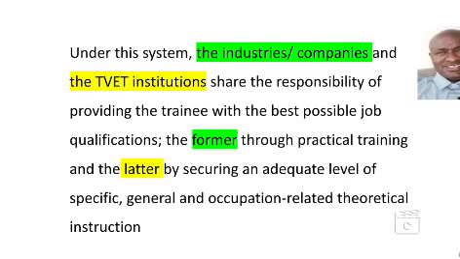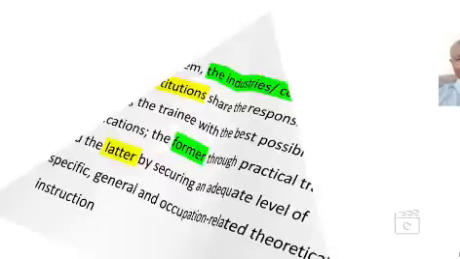Theory is very important for the trainees, and practice is also very important. So when the training is provided by both companies or industries and training institutes, full-fledged training can be provided for the students. That's why they work together.